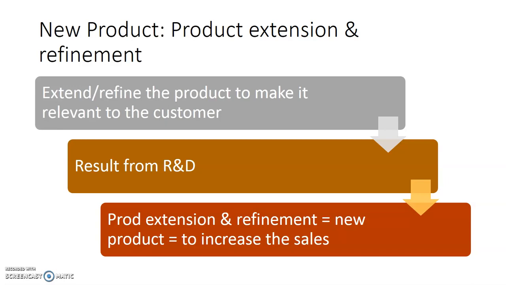Okay, now when you create a product, for example a detergent, the product will grow old. The product is just like a human. From the introduction, it grows into a very popular product, and then it becomes matured.